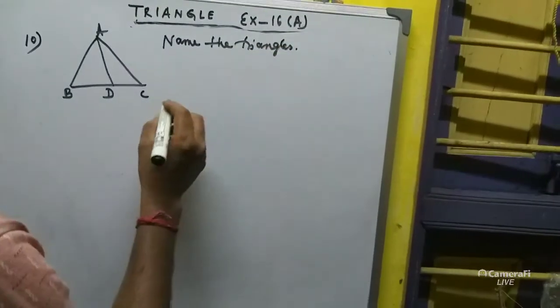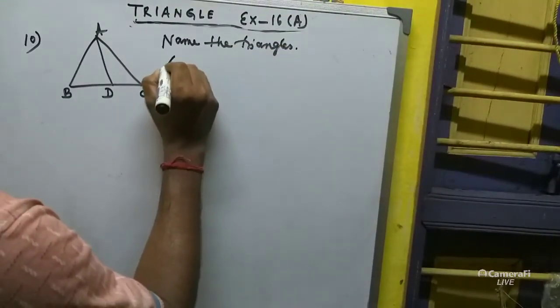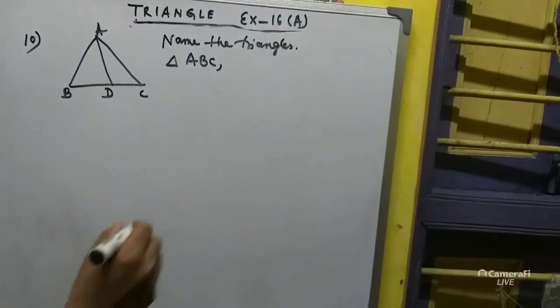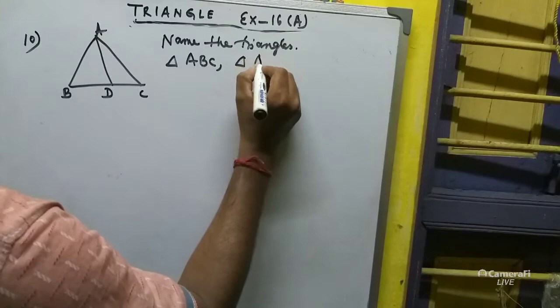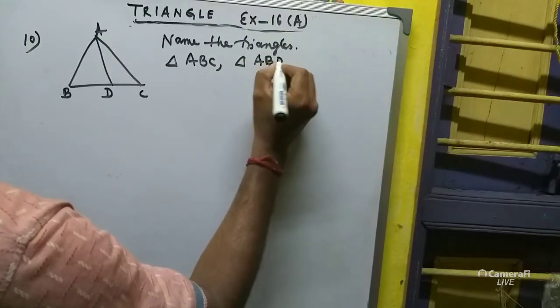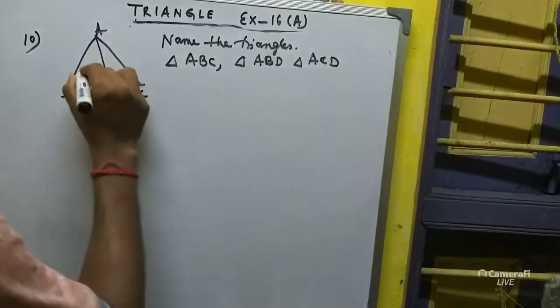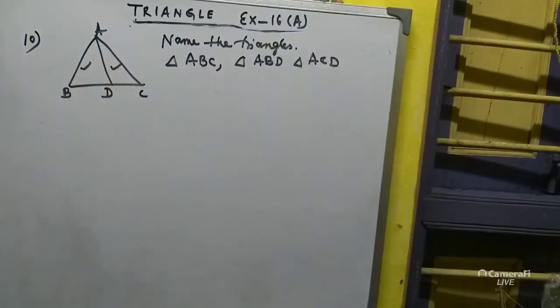First triangle ABC, the bigger triangle. Then triangle ABD, then triangle ACD. So three triangles, these two and the bigger triangle ABC.